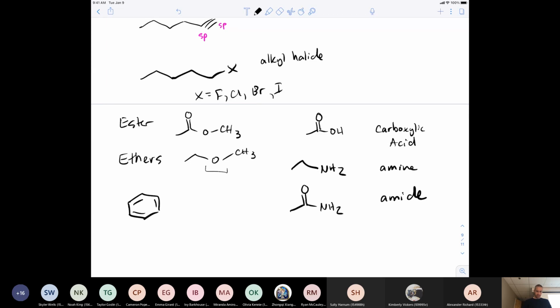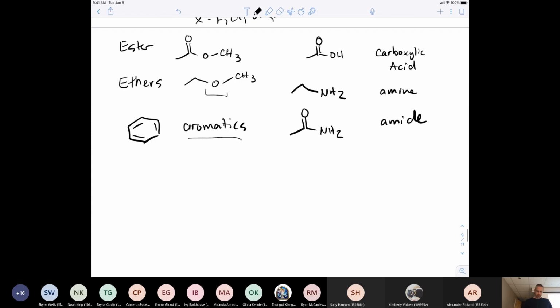Aromatics typically have a 6-carbon ring with alternating single and double bonds. Nitriles. So if you have an R, which is just a carbon group, then C triple bond N. Nitrile.